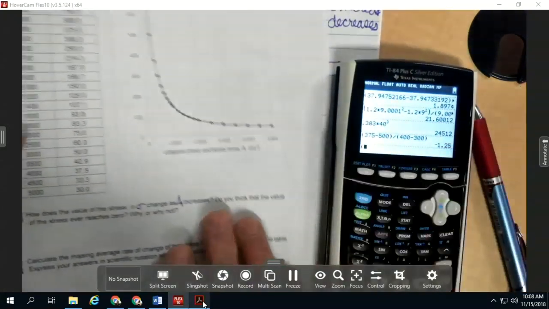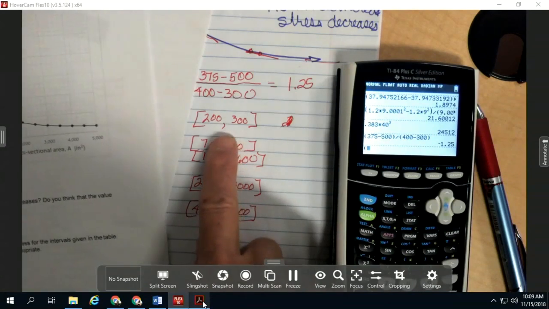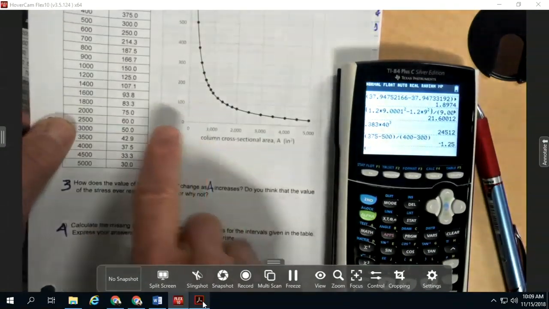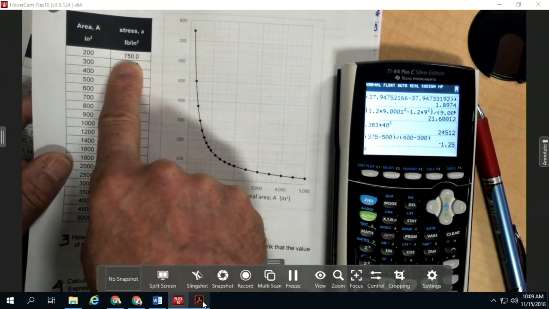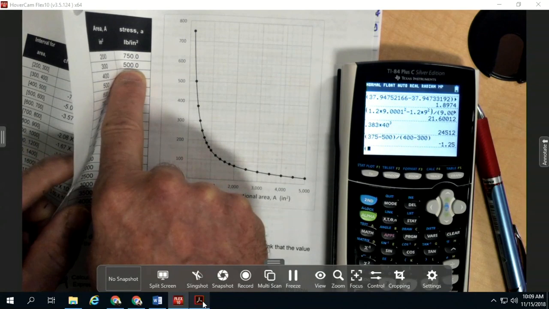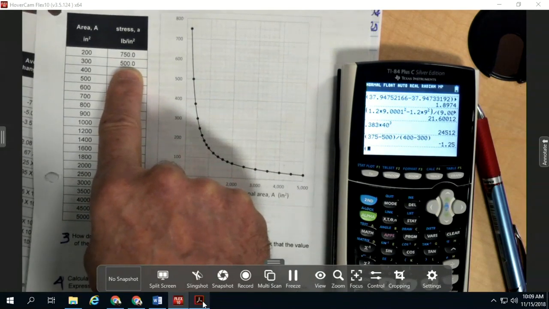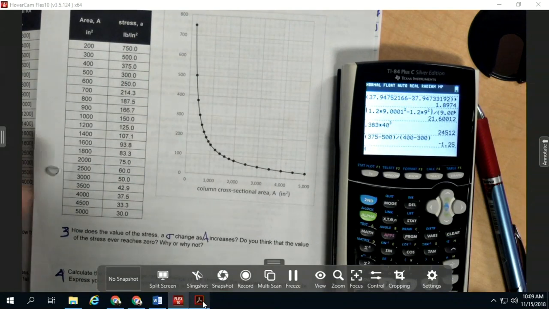Just right. But the stress for 200 to 300, the stress at 200 was 750. At 300 it was 500. Oh, I thought those were in thousands. No, it says pounds per square inch.